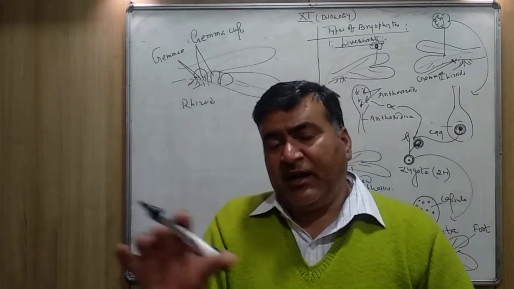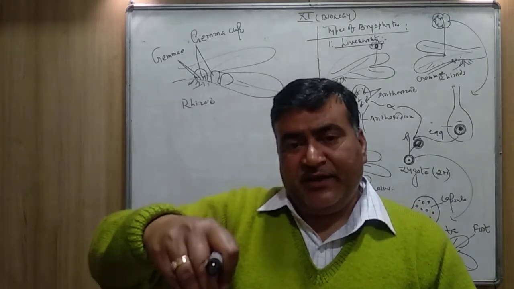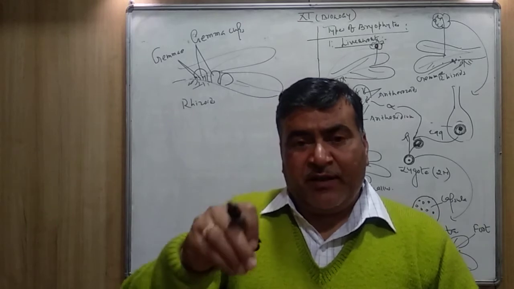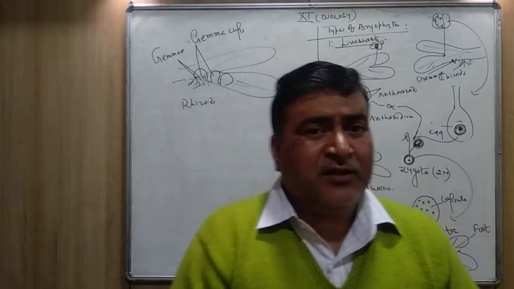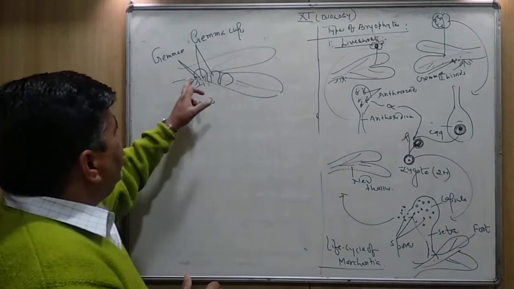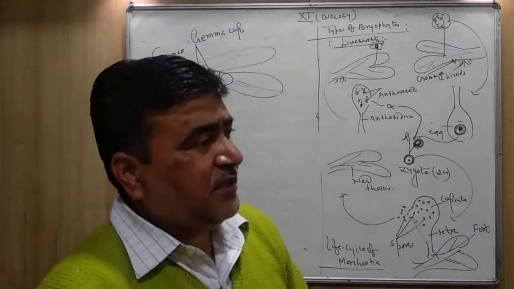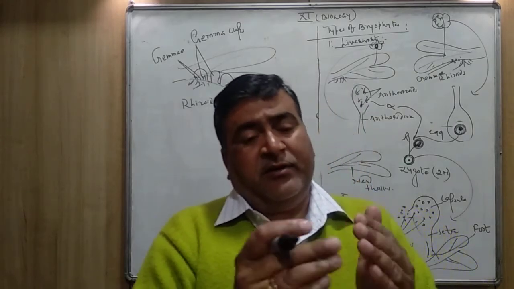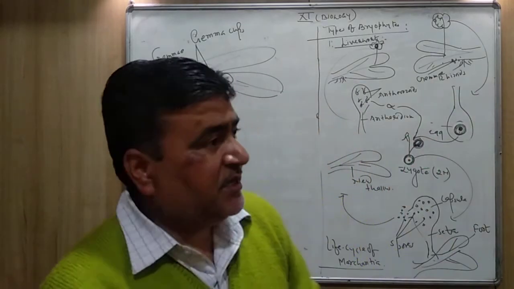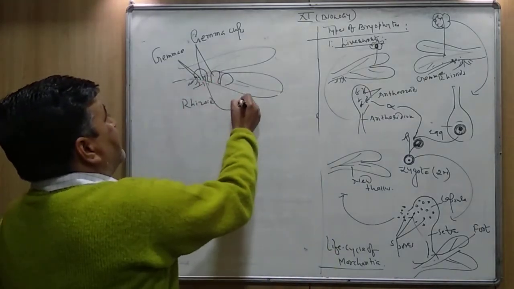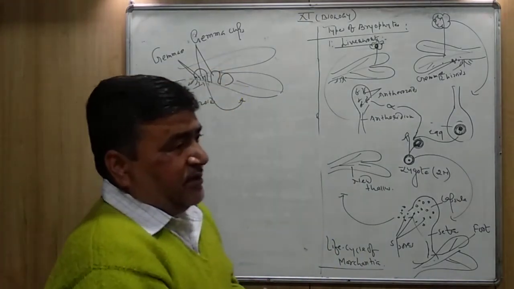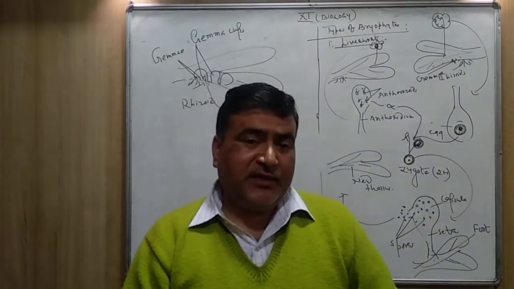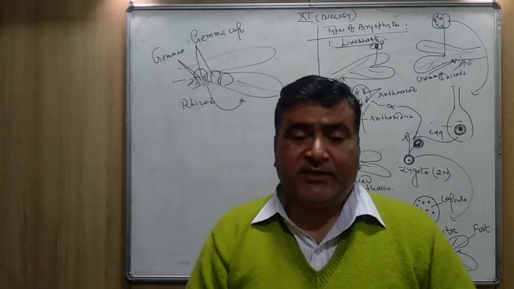And all the gemma cups are embedded into the thallus. So overall, so many gemmae are present in the body, in the thallus. When the gemmae come from the gemma cup, each gemma can produce the new thallus again. So the process of asexual reproduction takes place by gemmae formation.